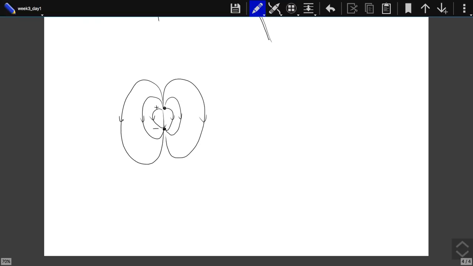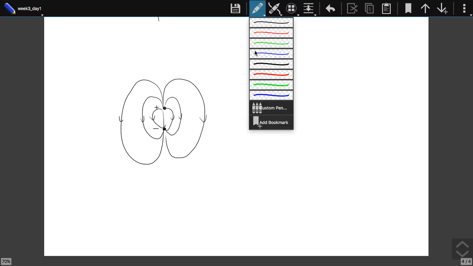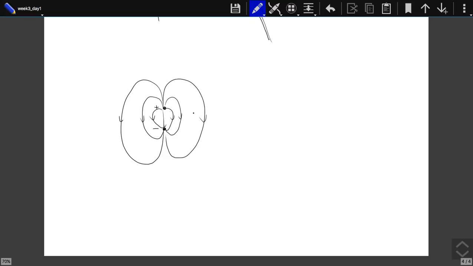So this is basically the shape. If you assume a Gauss surface, let's say like this, containing both of the charges, the net charge inside is 0. So the integral of E dot ds is 0.